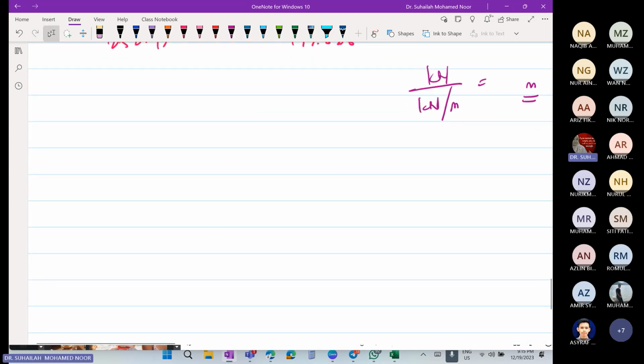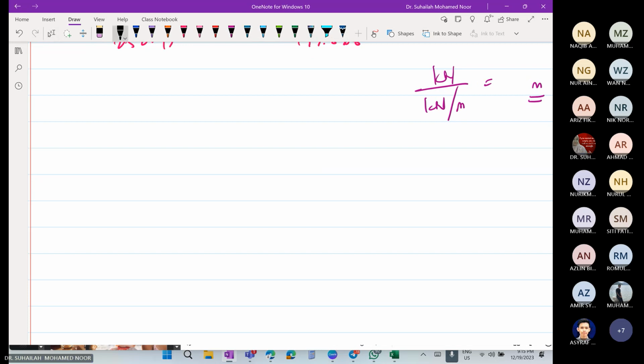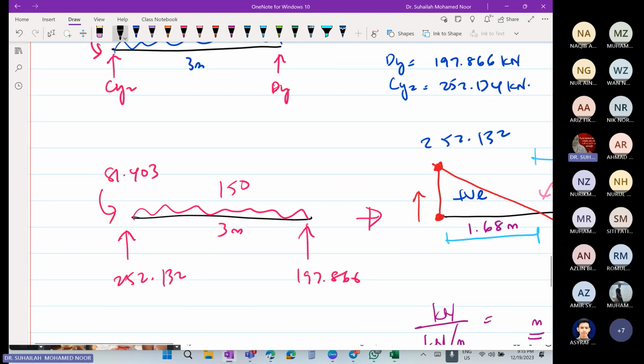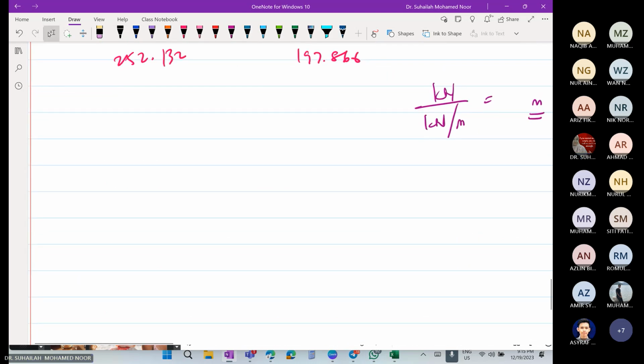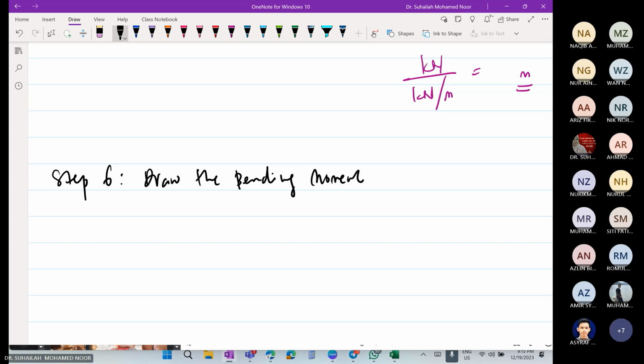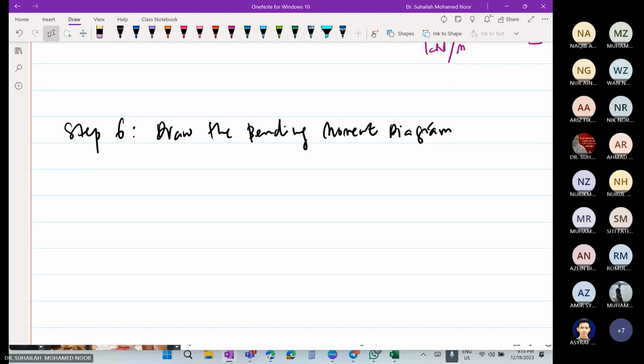Okay, then this is step number 5. Step number 6, we have to draw the bending moment diagram, BMD.